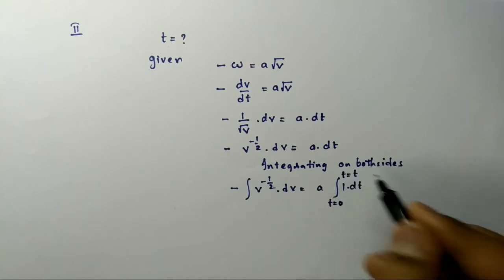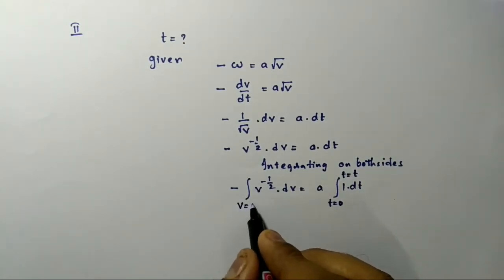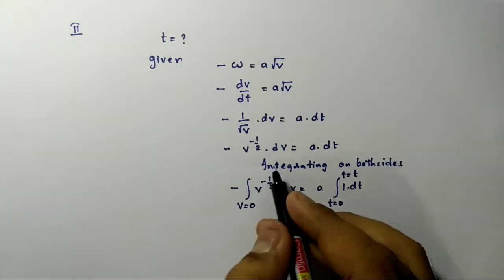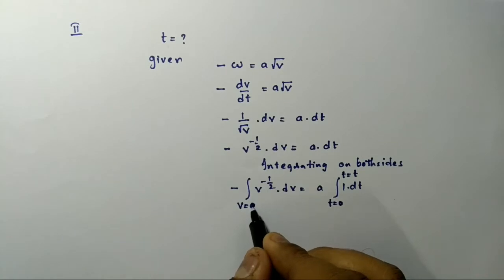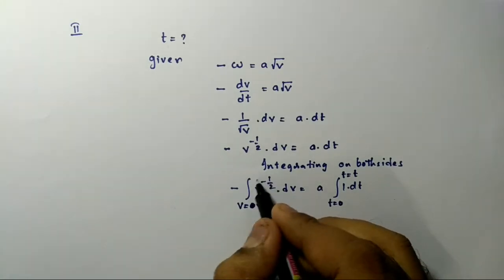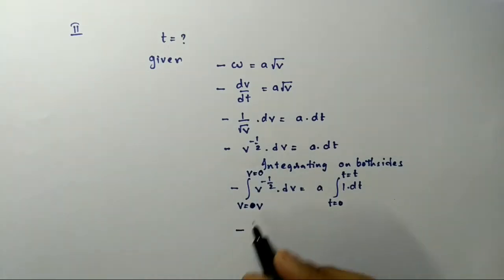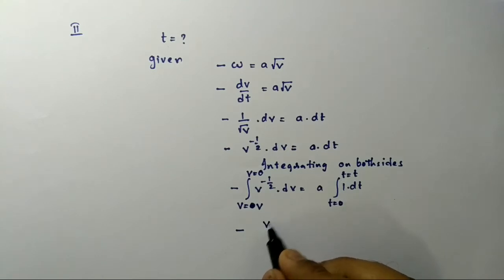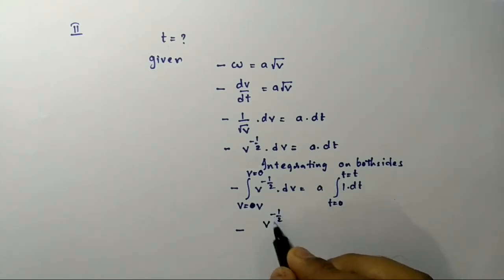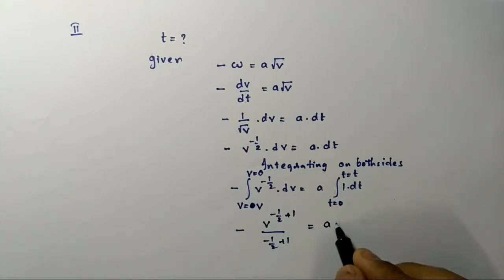After t seconds the object comes to rest. Here the initial velocity is v, and when it comes to rest, the final velocity will be 0. We know integration of v power minus 1 by 2 is v power minus 1 by 2 plus 1 divided by minus 1 by 2 plus 1, that is equal to a into t.